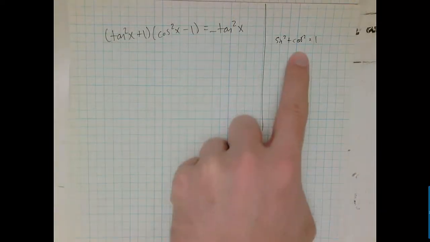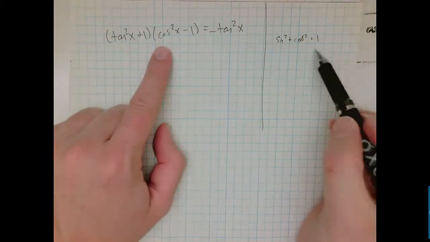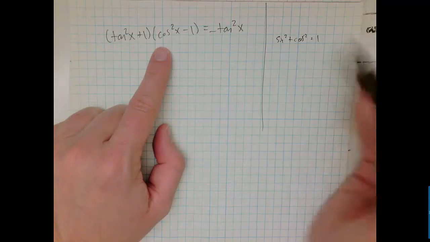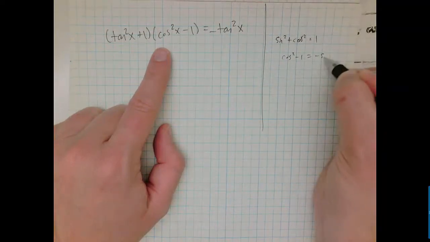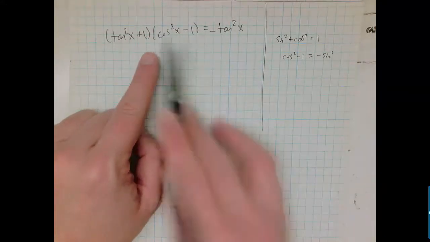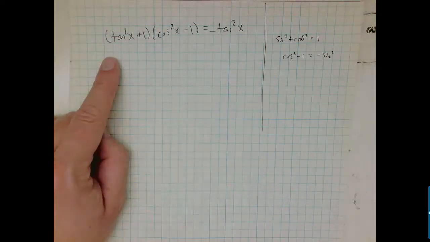Okay, so I could get cosine squared minus 1 by subtracting 1 and subtracting sine squared. So cosine squared minus 1 is opposite sine squared. So I could substitute in opposite sine squared here. It's not really obvious that that's going to help me, but that's one thing I could do.